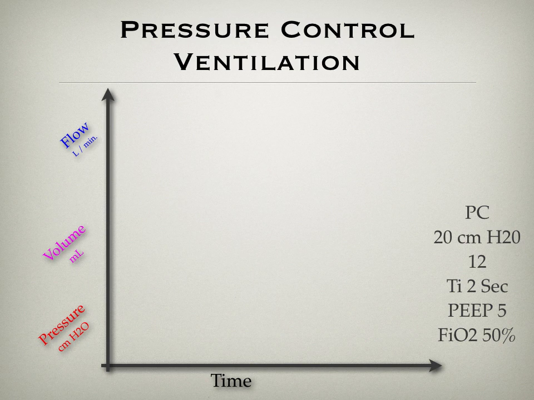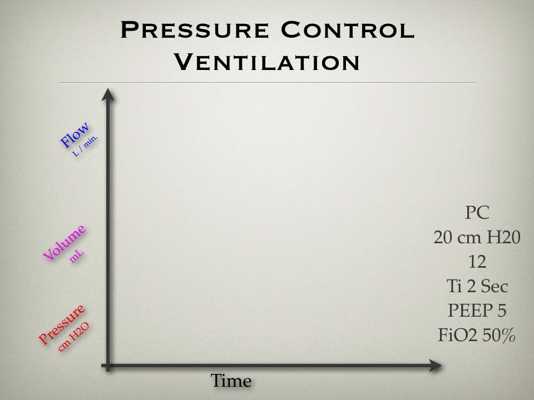By doing that, we set up the I:E ratio indirectly. If we have 12 breaths per minute, each respiratory cycle will be 5 seconds. If we take 2 seconds in inspiration, then what's left is 3 seconds of expiration. So that would be an I:E ratio of 2 to 3. Now, PEEP of 5 and FiO2 of 50%.